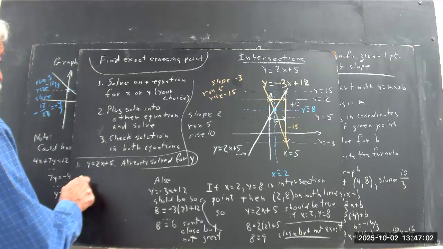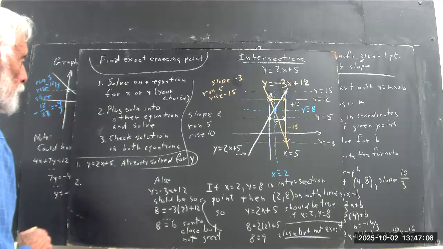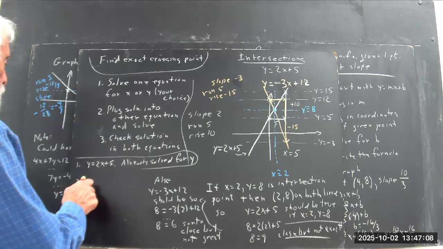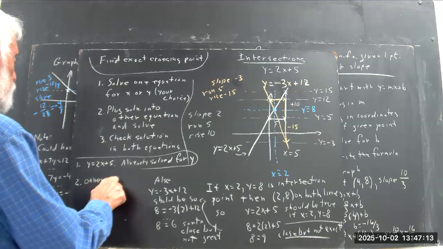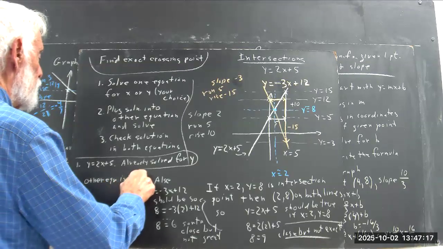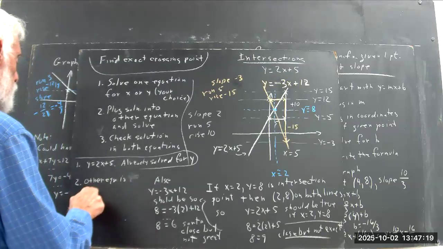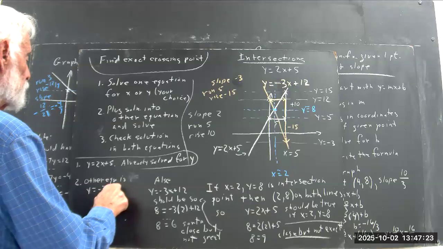So that makes it pretty easy. Step 2, plug the solution into the other equation and solve. The other equation is y equals -3x plus 12.